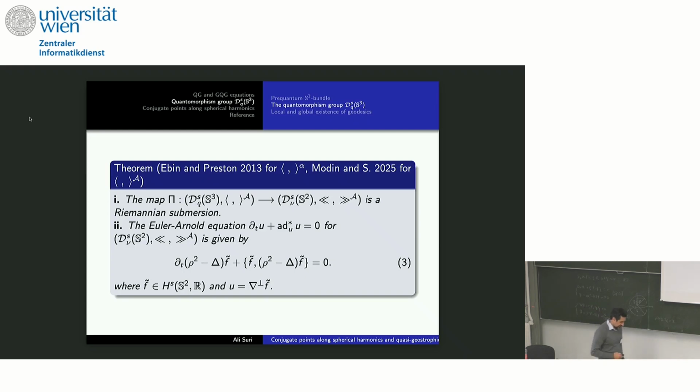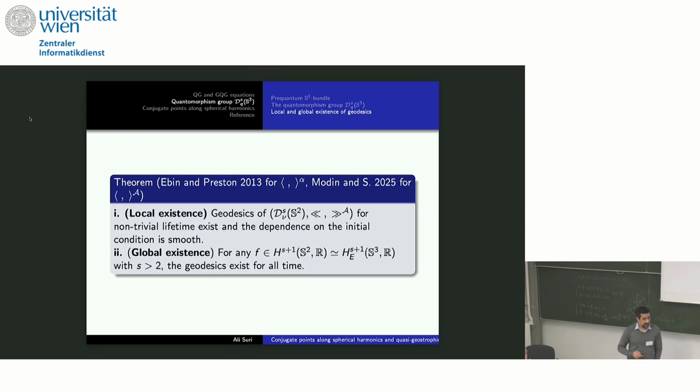So the next step is that these Euler-Arnold equations are somehow integral curves of some vector fields on the manifold. Let's see what we can say about the existence of solutions of this nonlinear PDE.